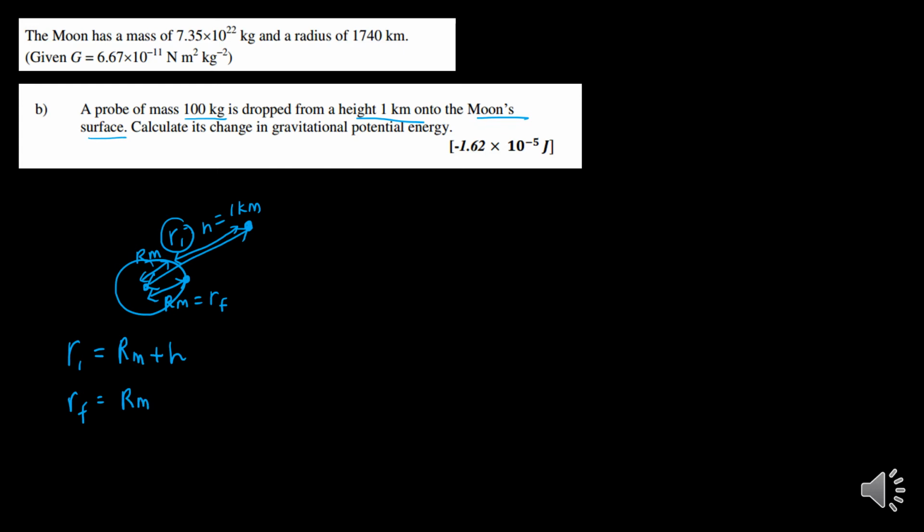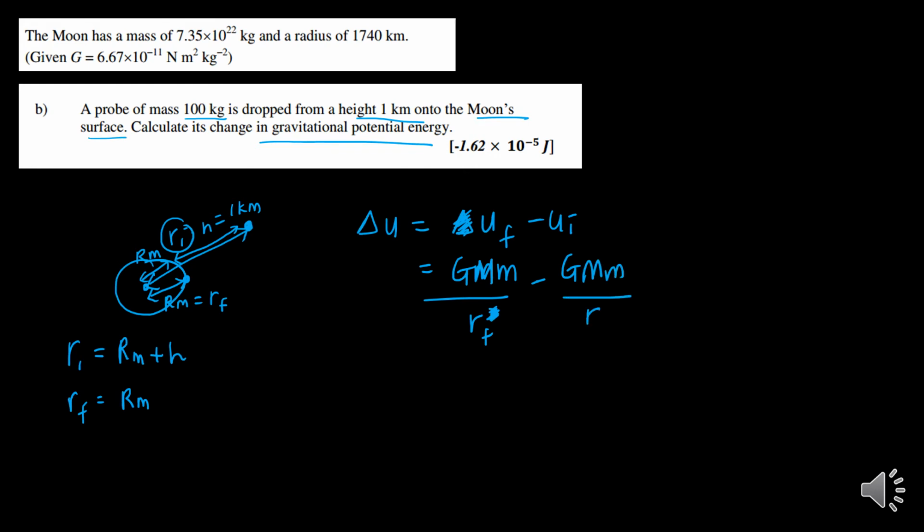Okay, so calculate its change in gravitational potential energy. Change in gravitational potential energy is delta U. Delta U means U final minus U initial. U final means negative GMm over R final, minus negative GMm over R initial.